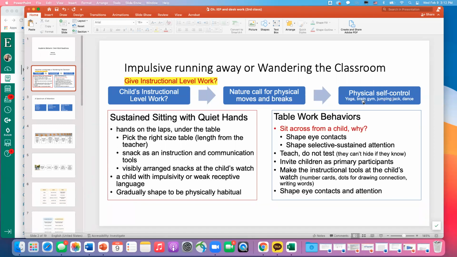So that's what I said. Between sessions, you make about 20-minute sessions in special education, 15, 20, or 30 minutes, whatever the maximum minutes each child can sit through. Then everybody gets up and you do some yoga, brain gyms, or jumping jacks, something that moves inside the classroom if you cannot take the kids outside.